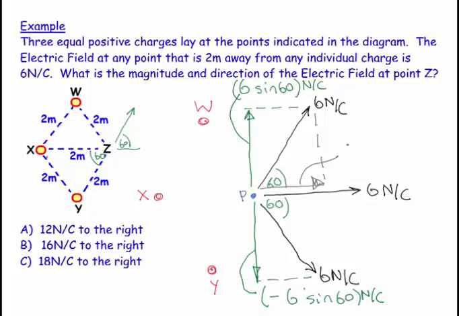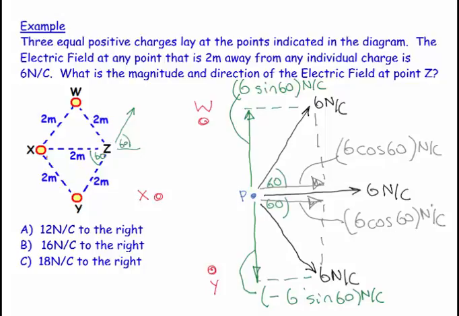And then if I look at the horizontal components, this one here is going to be 6 cosine 60, positive newtons per coulomb. And by the same token, I'm going to have the horizontal component of this electric field here, which will be 6 cosine 60 newtons per coulomb as well.